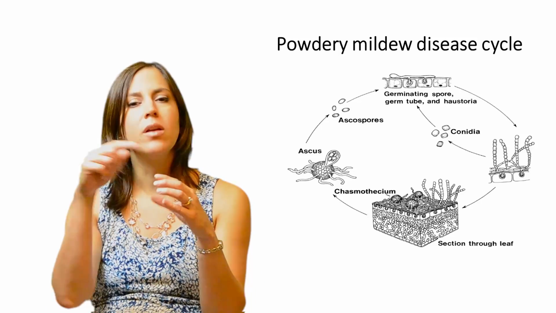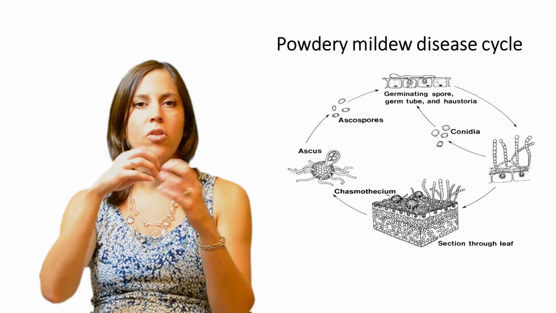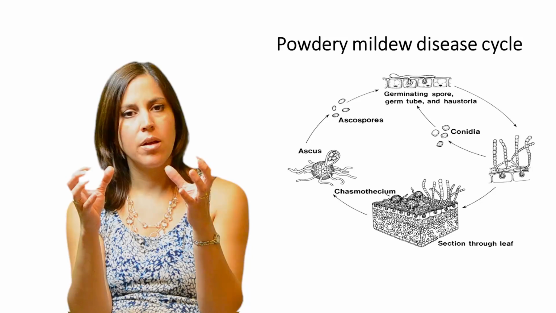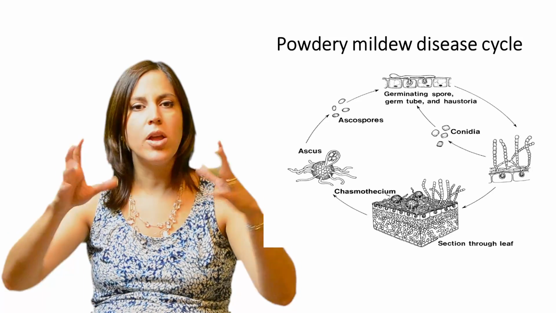Powdery mildew disease cycle: at the beginning of the season, the cleistothecia, which has the asci inside, breaks open and liberates all the ascospores.